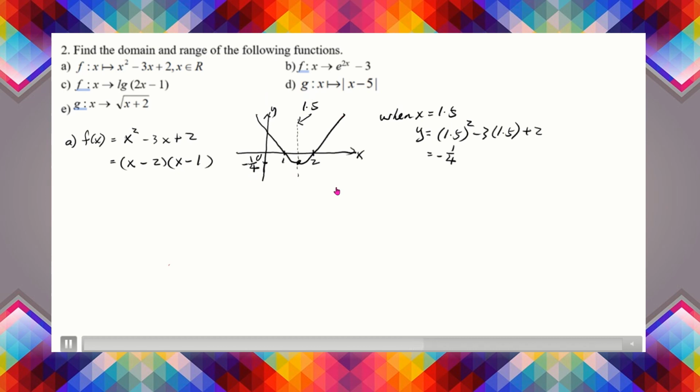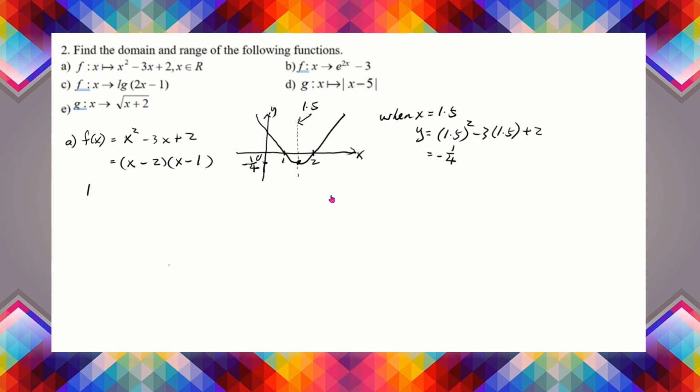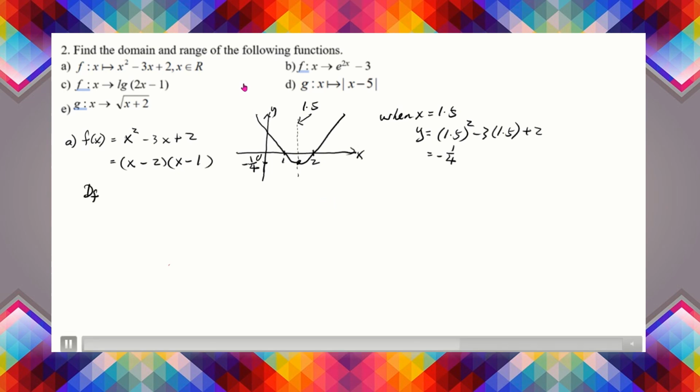Now after sketching the graph, you can find the domain of this function. In order to find the domain, you just imagine you draw a vertical straight line. You find that all the vertical straight lines can intersect with the curve. So the domain is all the values of x.